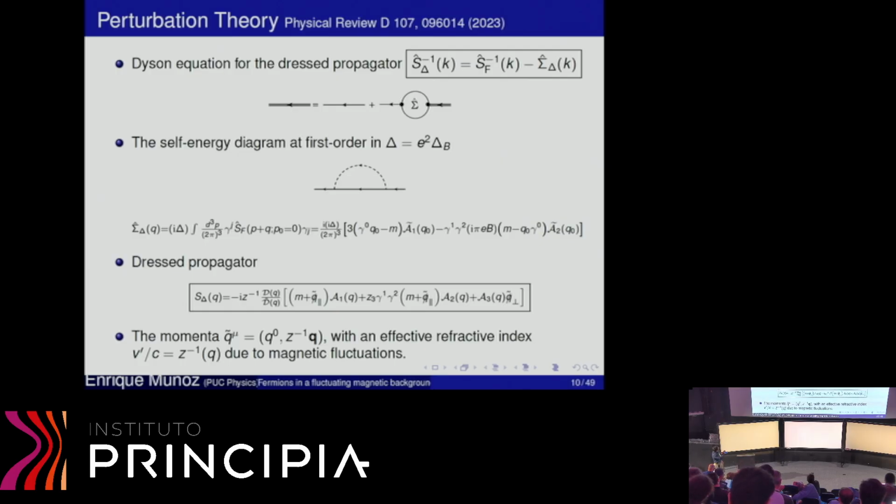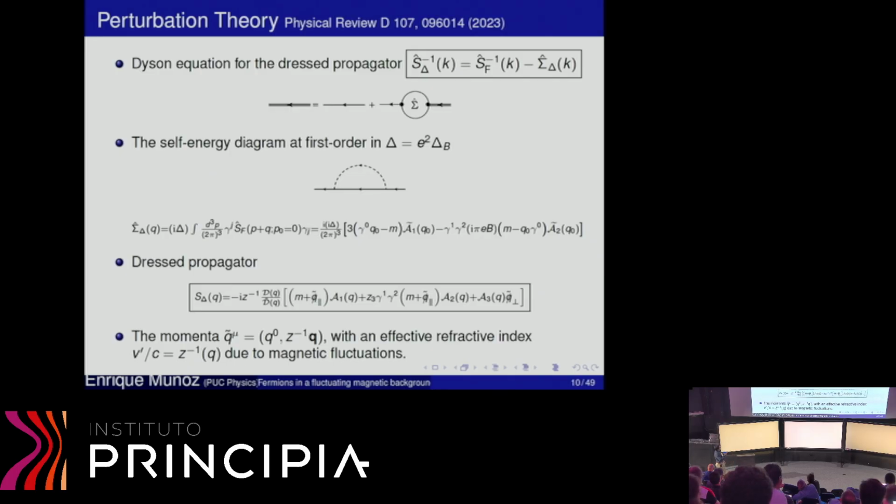We can express the self-energy exactly. So you can see that it gets again parameterized in terms of this A1 function and its derivatives. And remarkably, it has the same tensor structure as the Schwinger propagator in the constant magnetic field representation.